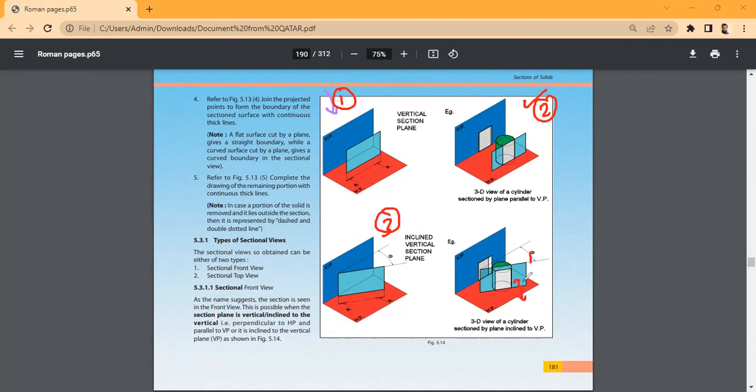That means this angle is 90 degrees, perpendicular to HP and inclined to VP. In the previous case, the cutting plane is perpendicular to HP and parallel to VP. Then next one.